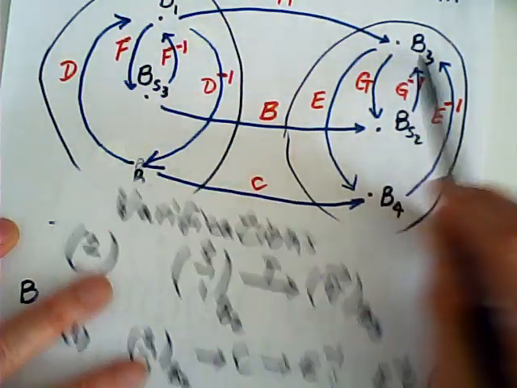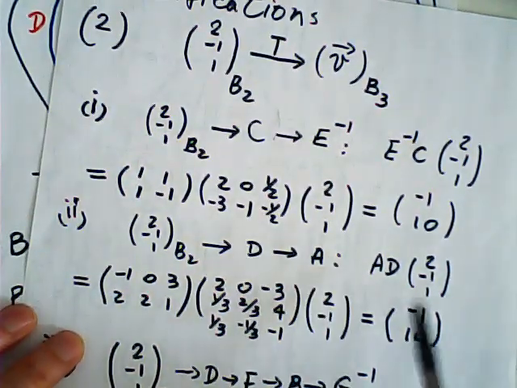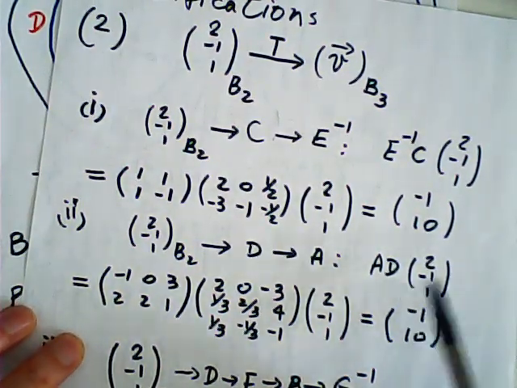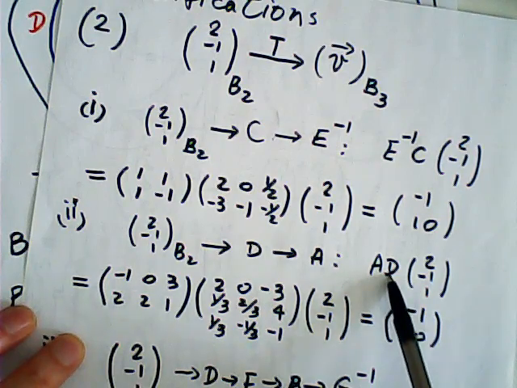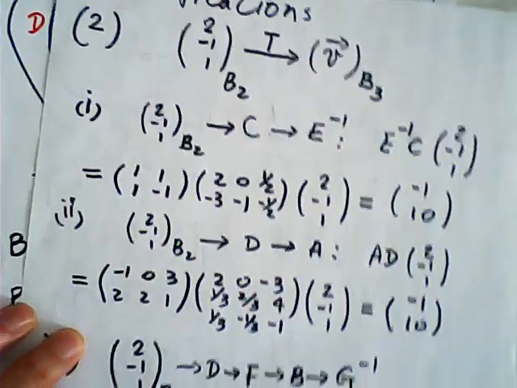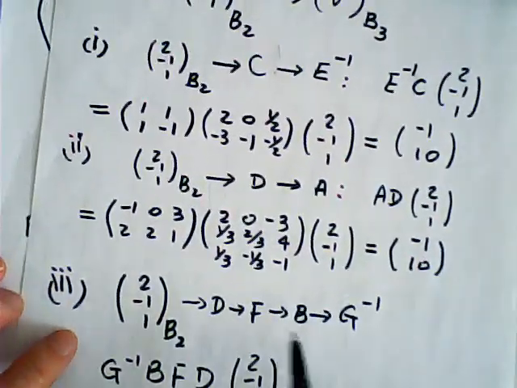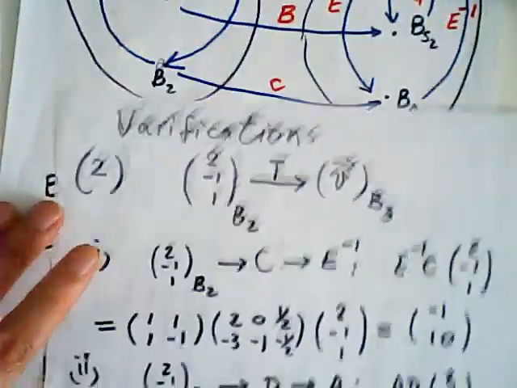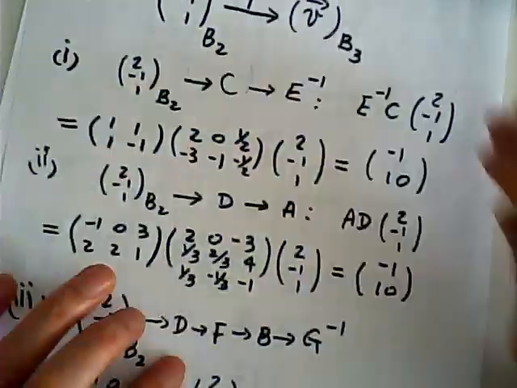And you can choose D, then A. Choose D and A. So okay, this is the vector. This is times D first, then times A. So this vector times D times A. You get this result. Or you choose a crazy way.